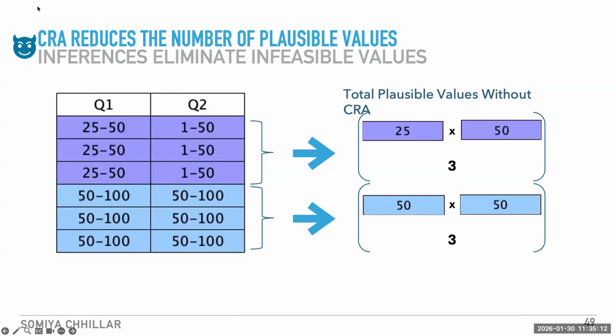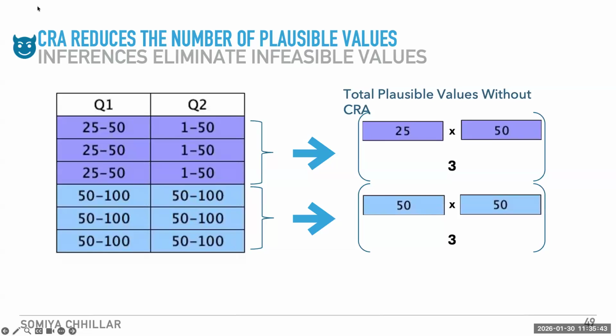Yeah, so what are the plausible values that exist? For example, in the equivalence class, which is in purple, we have all integer values. The number of integer values is 25 times 50. And if the k value is 3, then the possible integer values that can exist in that equivalence class are 25 times 50, choose 3.